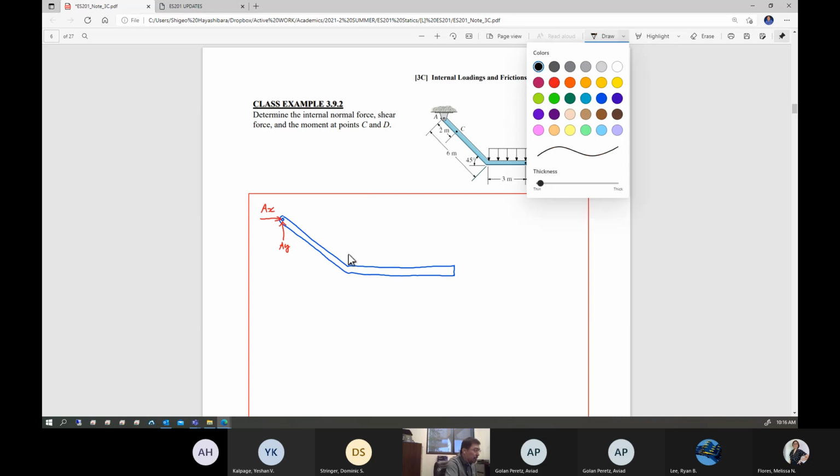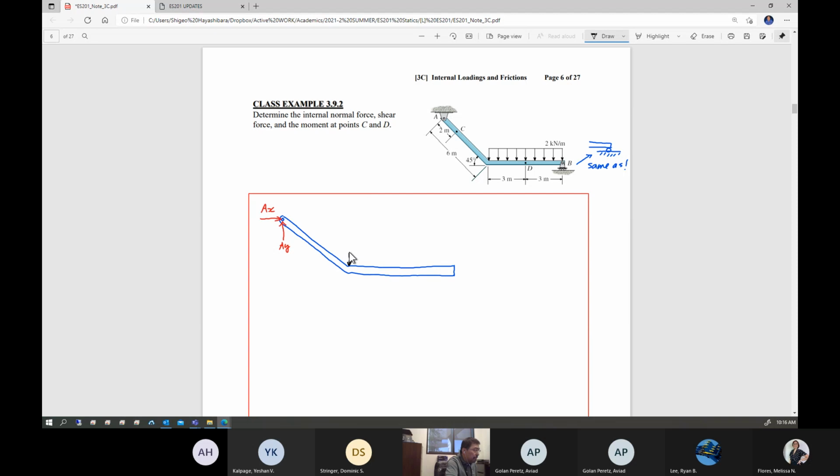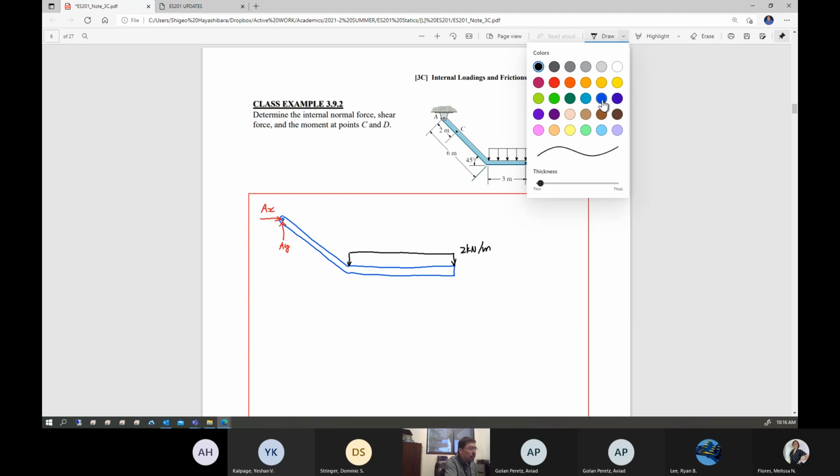And distributed loading here. So this much distributed loading, 2 kilonewtons per meter. I'm going to take the resultant of it.